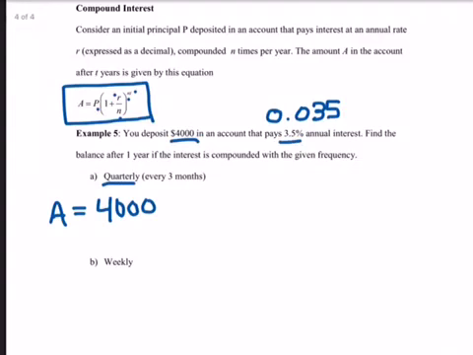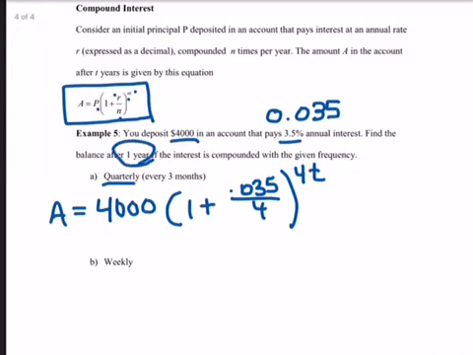That means 4 times a year. So I'm going to have 1 plus 0.035 over 4 raised to the 4t. That's my equation. So now you can plug in 1 for your t, and get out your answer.